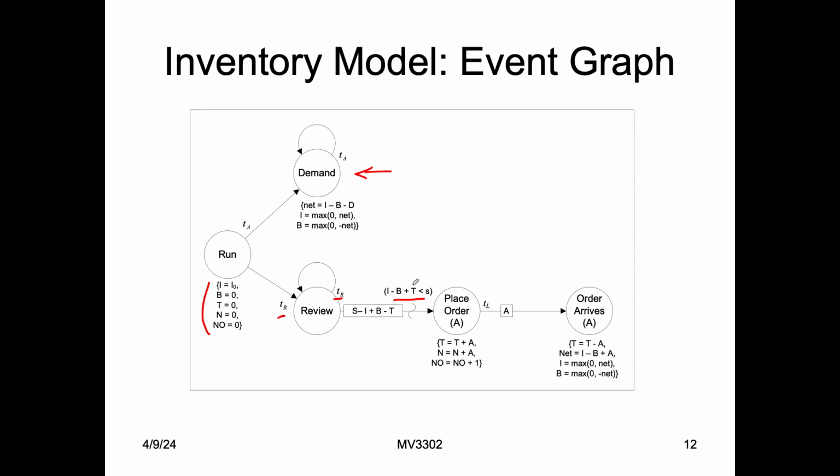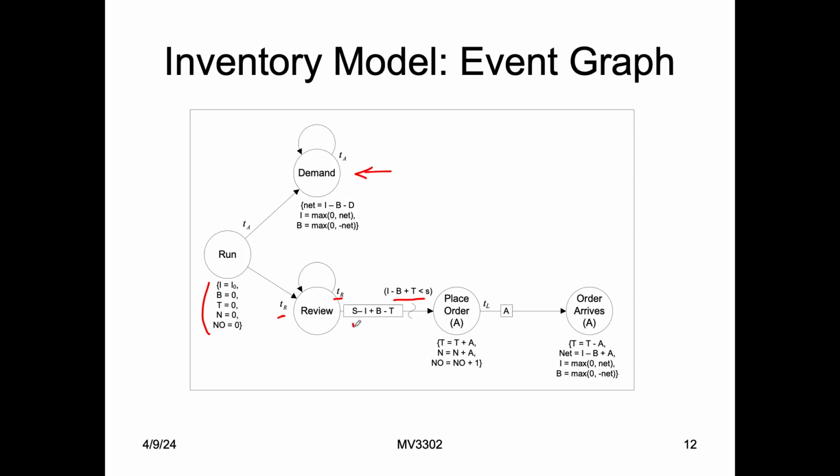Because supposing we place an order for 100 and we're still waiting for it, and then we get another review, and if we don't take that into consideration, we might order another 200. And then Murphy's Law says they're both going to come in on the same day. We have no room to put anything. So the condition keeps that into account.